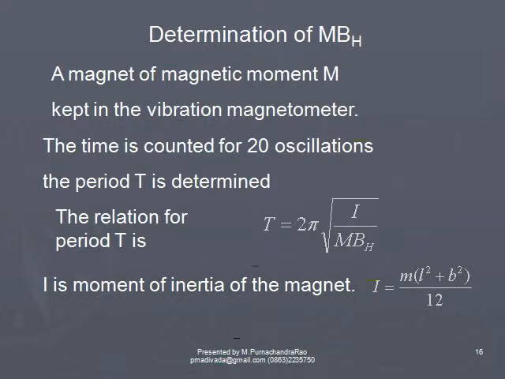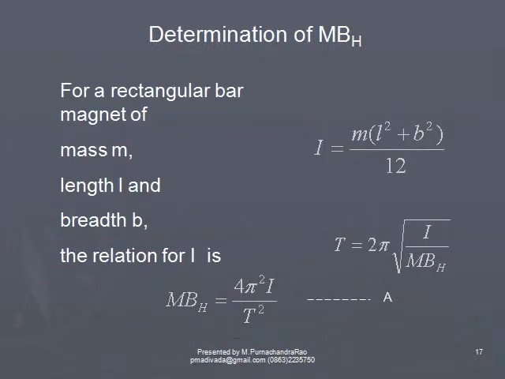I is the moment of inertia of the magnet. It is calculated with the necessary formula depending on the geometry of the magnet.